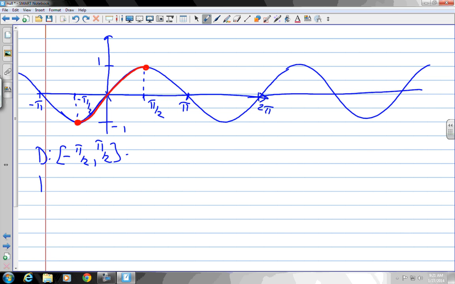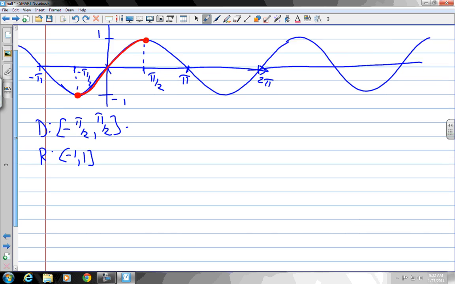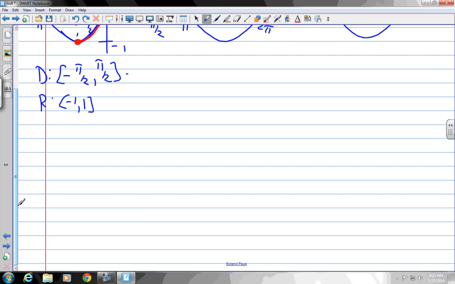The range is from -1 to 1. We can actually sketch that inverse. All I have to do is flip them around, x equals y. Is that okay? Again, we'll revisit this later this semester when we actually know what the graph represents.